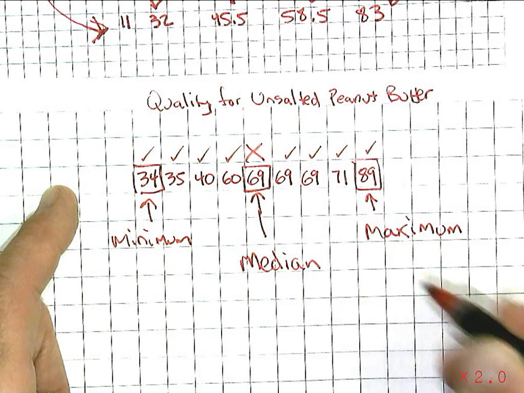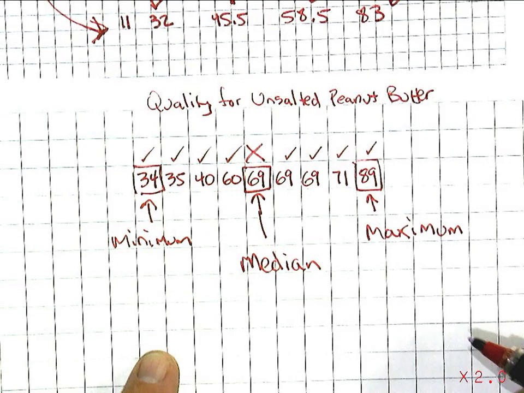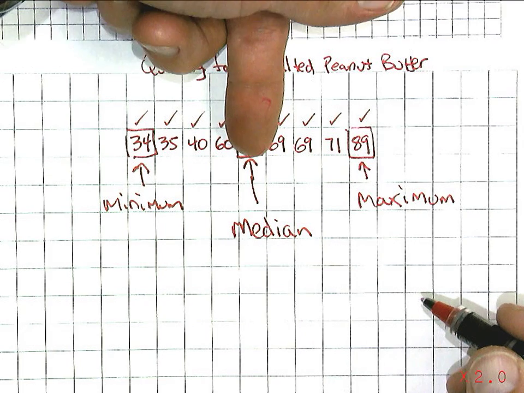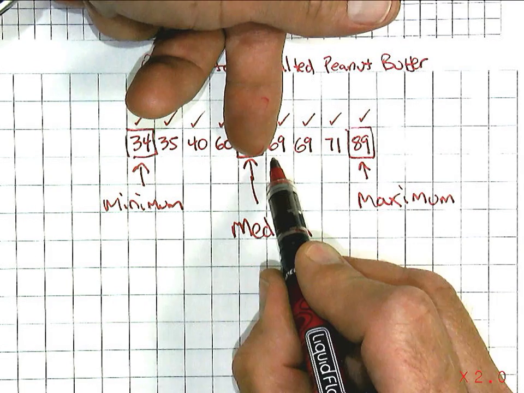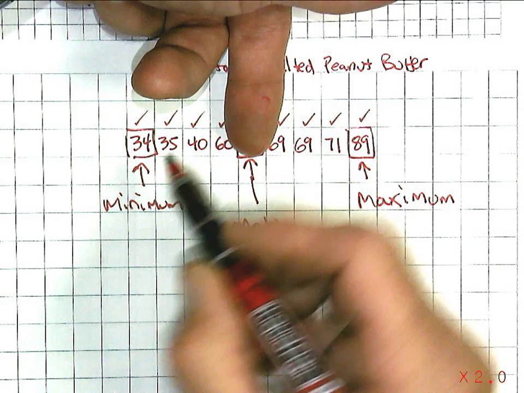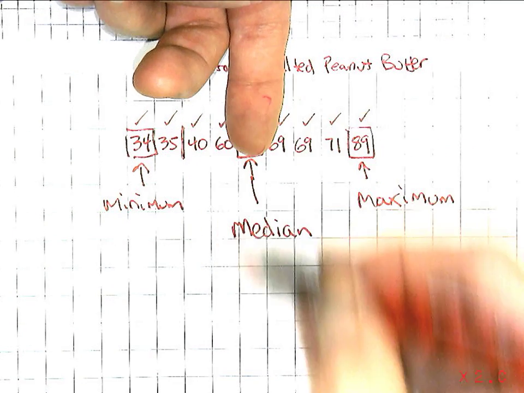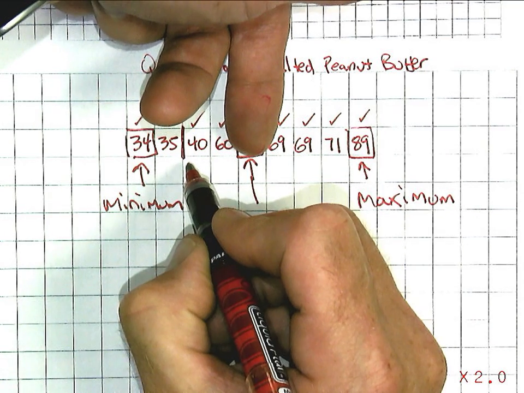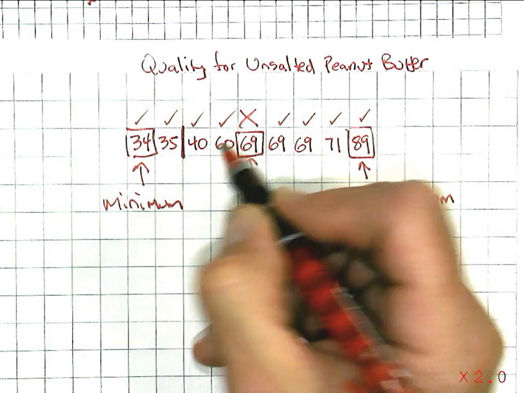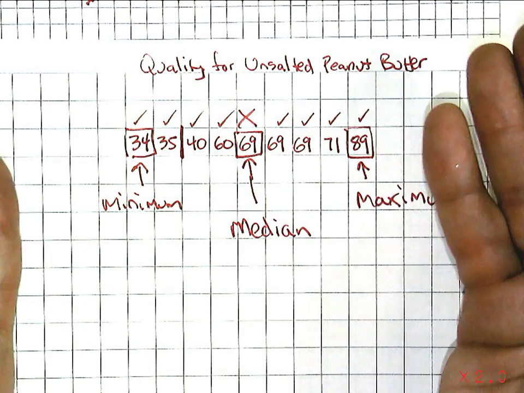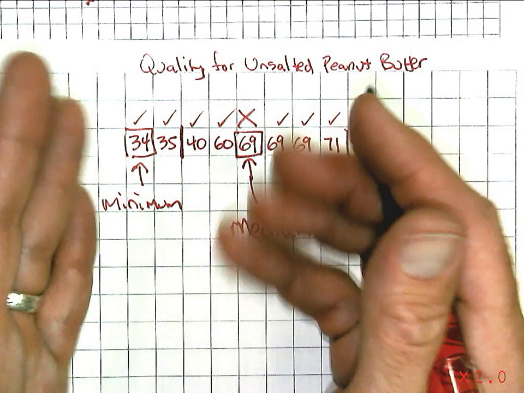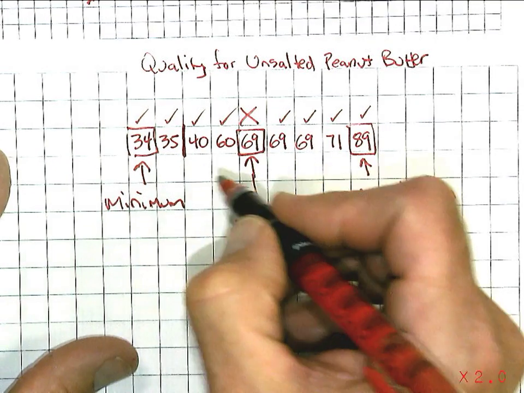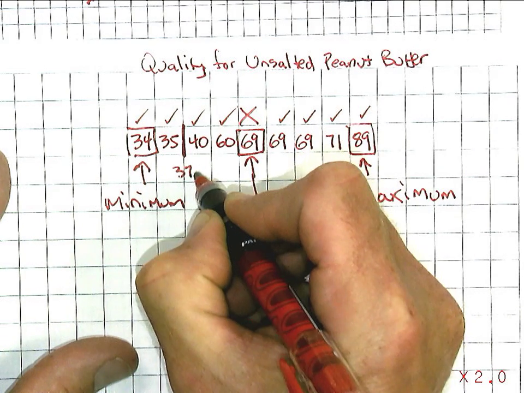Now when you have a very small group of numbers, like in this case, remember that when you find a middle number, you actually have to block it out. And now think of what's the middle of the bottom. There's 4 numbers, so there's the middle of the bottom between 35 and 40. So halfway between 35 and 40, halfway between 37 and 38 is 37.5.